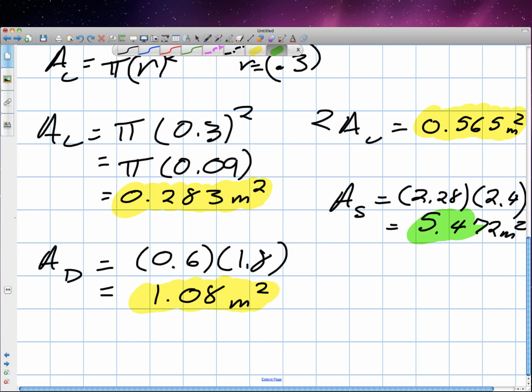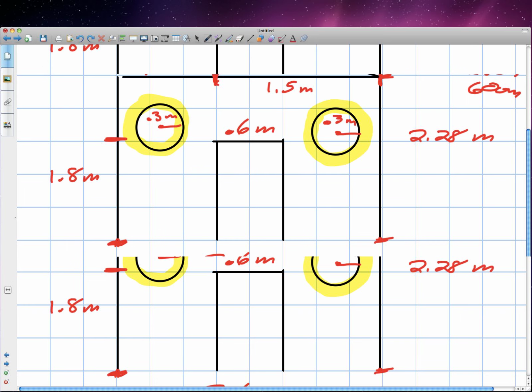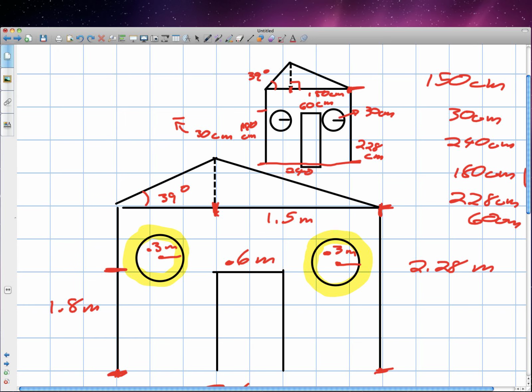Now, hard part of this question. We need to find the area of this triangle here. Okay? Now the area of this triangle, does anyone remember the formula for an area of a triangle? Yes, half base times height. Okay? Now do we have the entire base of this triangle?